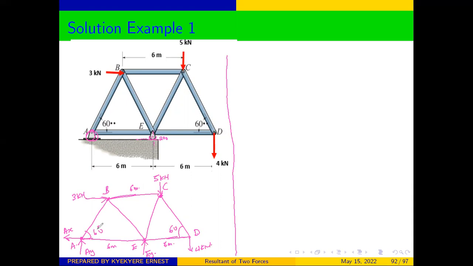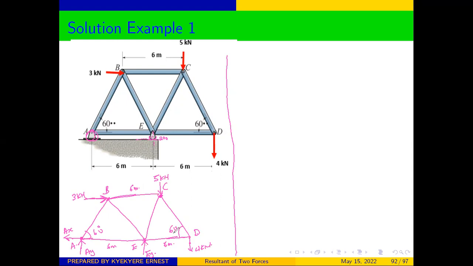Anytime you are given a question like this on trusses to analyze using the method of joints or even the method of sectioning, the first thing you need to do is to determine the reactions at support, or the external forces. These are the reactions at the support.